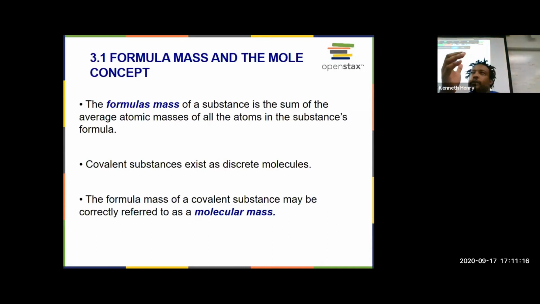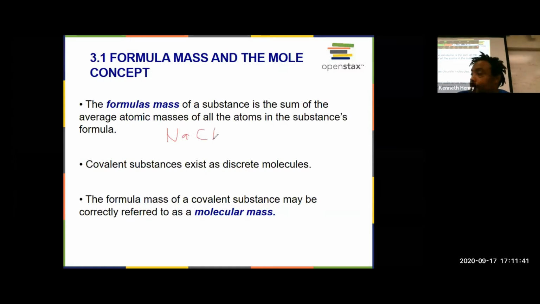Like, for instance, when we talk about sodium chloride, sodium chloride is an ionic compound, right? NaCl. And it's based upon charges.